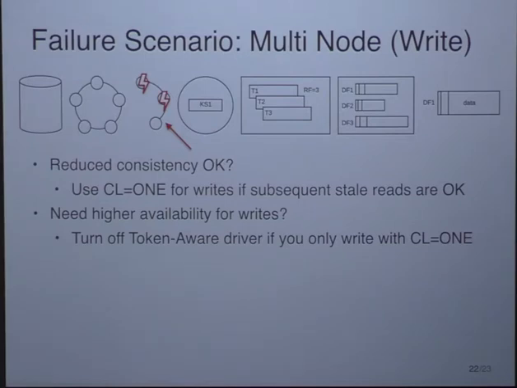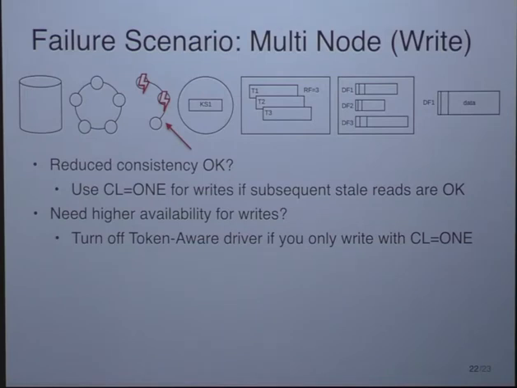One question: if you have the token-aware driver on and two of the nodes that own the data are down, why wouldn't the driver use a different coordinator or go to the node that's up?